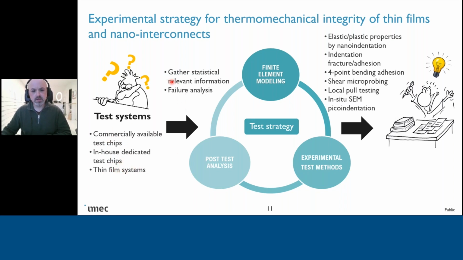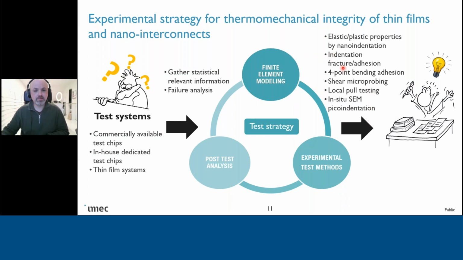So that's also one thing that we are looking at, to simplify the more complicated test system. Then what we want to do is, in the end, get finite element simulations of real devices in order to optimize and to see how they perform. So how to do that? We try to do experimental test methods. This includes, for instance, for adhesion 4-point bending or indentation-based fracture, elastic plastic properties by nano indentation, or shear microprobing, for instance.